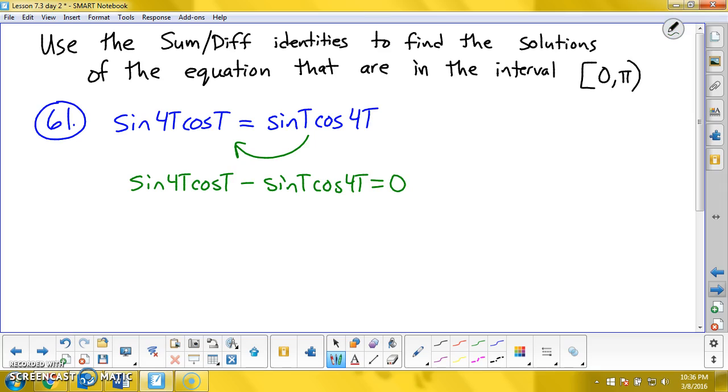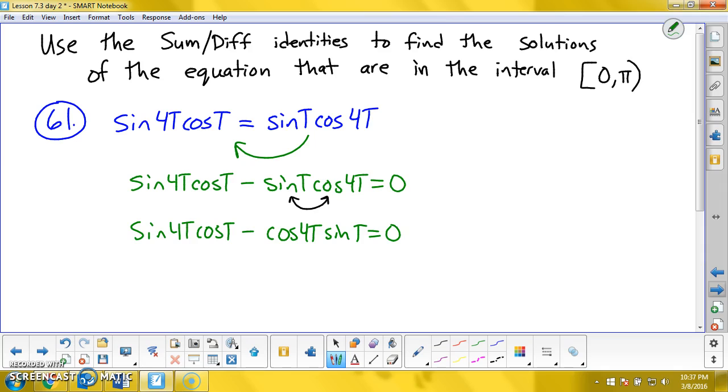Now, multiplication is commutative. What I mean by that is 2 times 3 is the same thing as 3 times 2. So I'm going to switch these two terms around, and that's going to give me the sine of 4t times the cosine of t minus the cosine of 4t times the sine of t equals 0.